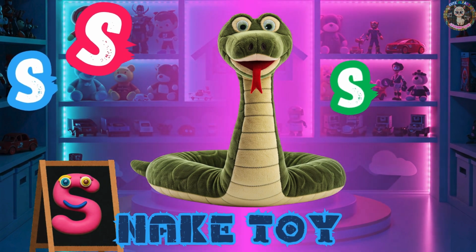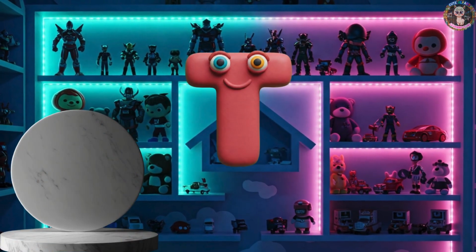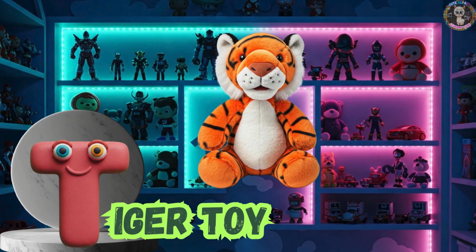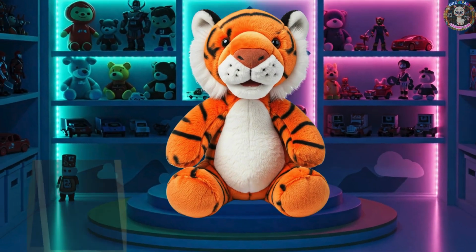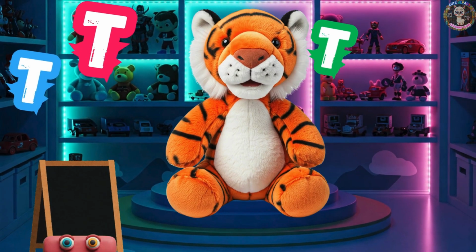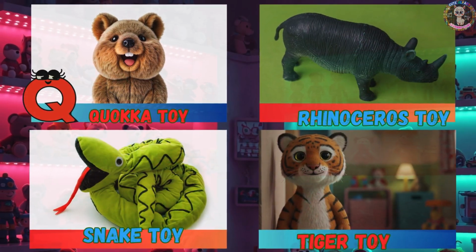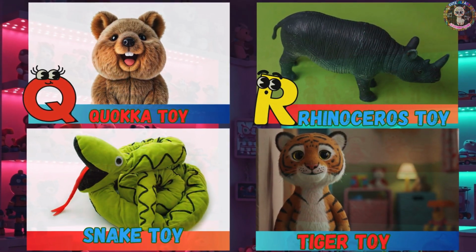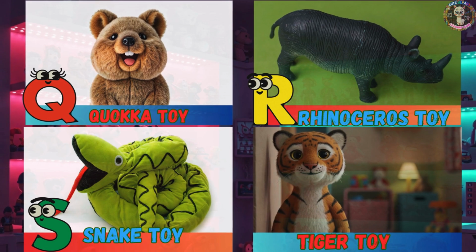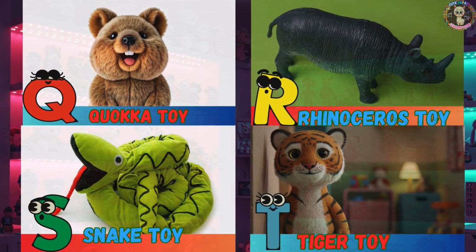Snake toy. T is for tiger toy. Tiger toy. Q, Quokka toy. R, Rhinoceros toy. S, Snake toy. T, Tiger toy.